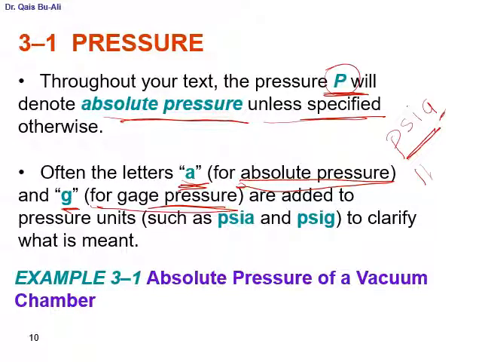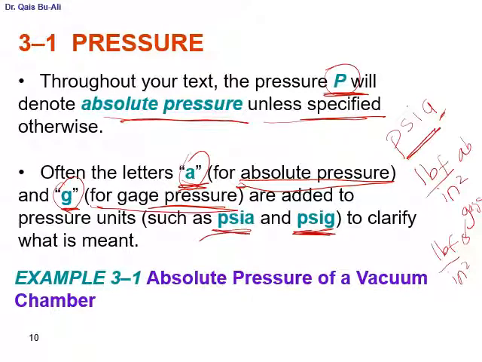And when we write PSIG, it is pound force per square inch, but here we are talking about gauge. So A stands for absolute, G stands for gauge, and PSI stands for pound force per square inch, which is the unit of pressure in the English system of units.